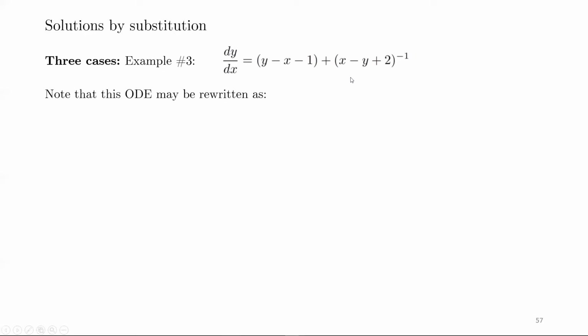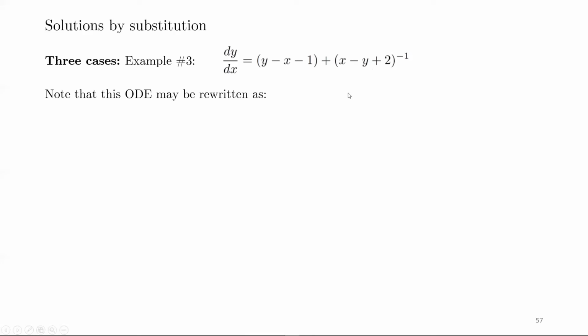What I might do is subtract 1 from the negative 1 here, so I'll have y minus x minus 2, and to account for that 1 that I subtracted, I should add a 1 at the end. Then I can multiply this bracketed term by negative 1, because if I do that I'll get x minus y plus 2, which is exactly what I have in this second bracket here.